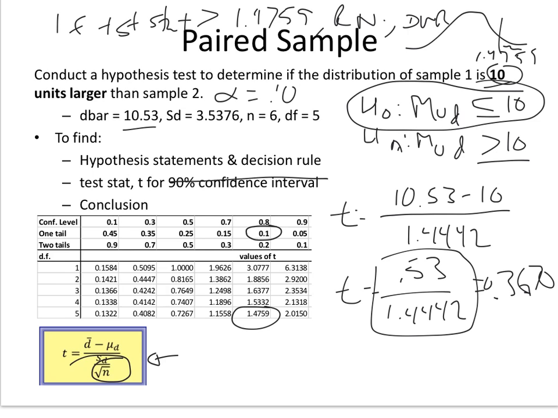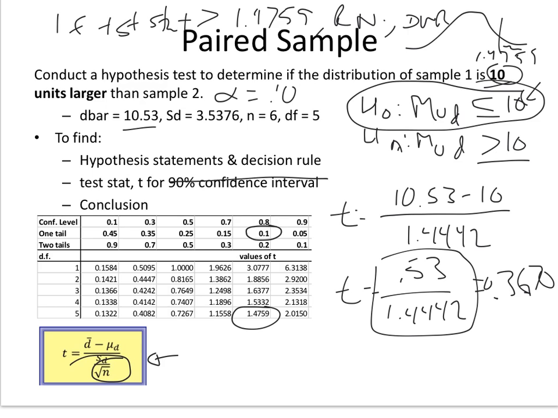Now again, thinking back to our confidence interval, the low end of the confidence interval was 7.62. So if we were to rephrase the problem and ask, can we say that it's always 7 units larger than sample 2? Then that would change our result.